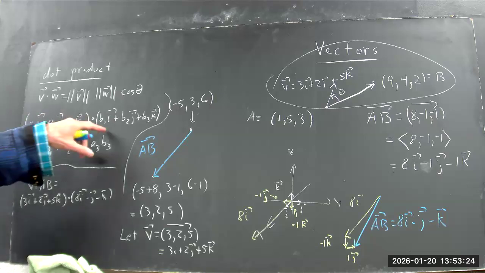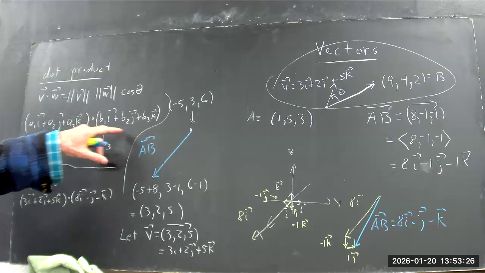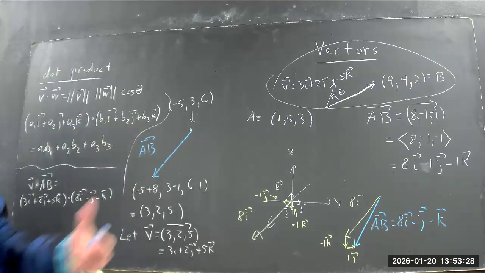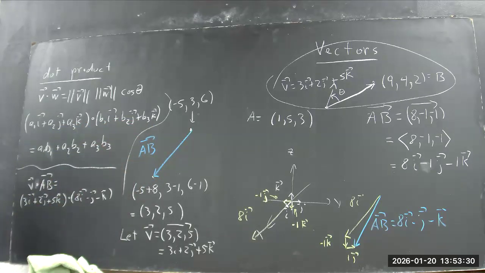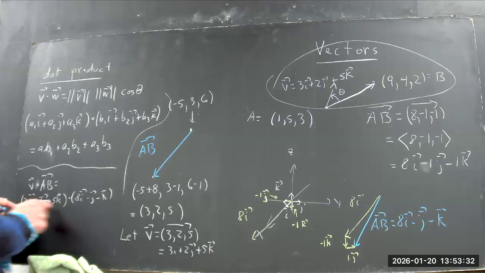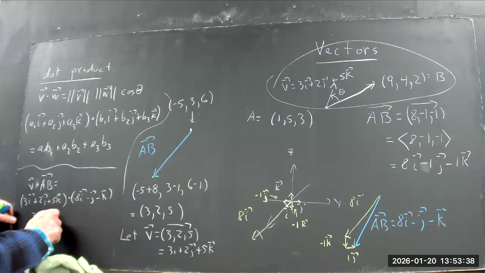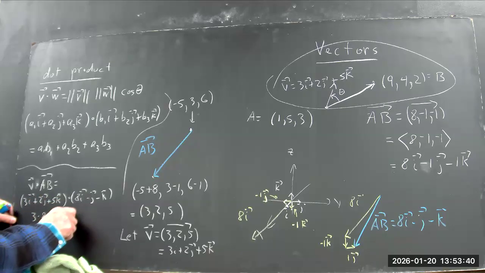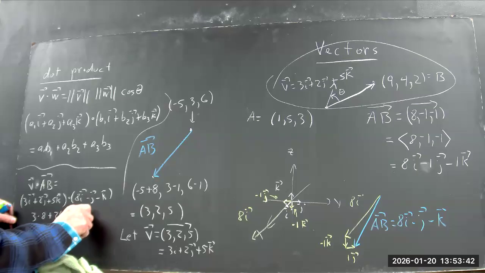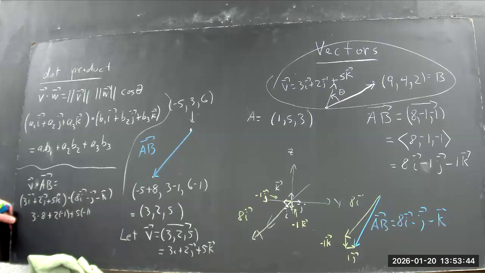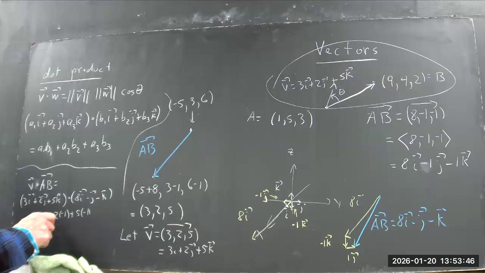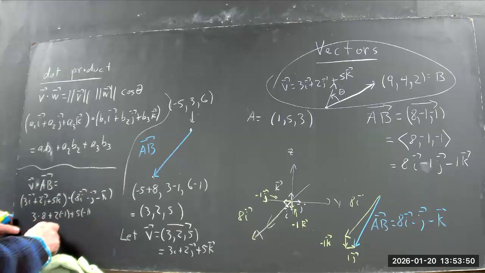You just multiply the I components, multiply the J components, multiply the K components. That's just what this rule tells you. So you have, here's the I, 3 times 8. And 2 times -1. And 5 times -1 again. And that adds up to 17.